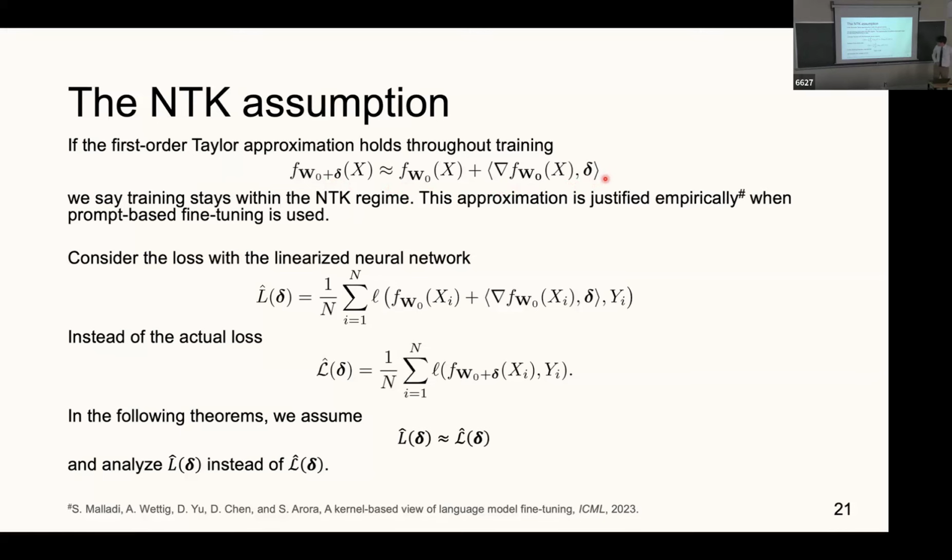Here's a citation in particular. People have looked into whether this is a valid approximation, and in many, but not all, large language model fine-tuning settings, this is indeed a valid assumption. So I'll just assume it before the proof of the theorem starts. With this assumption, instead of fine-tuning the full neural network, we'll consider fine-tuning the linearized version of the neural network.